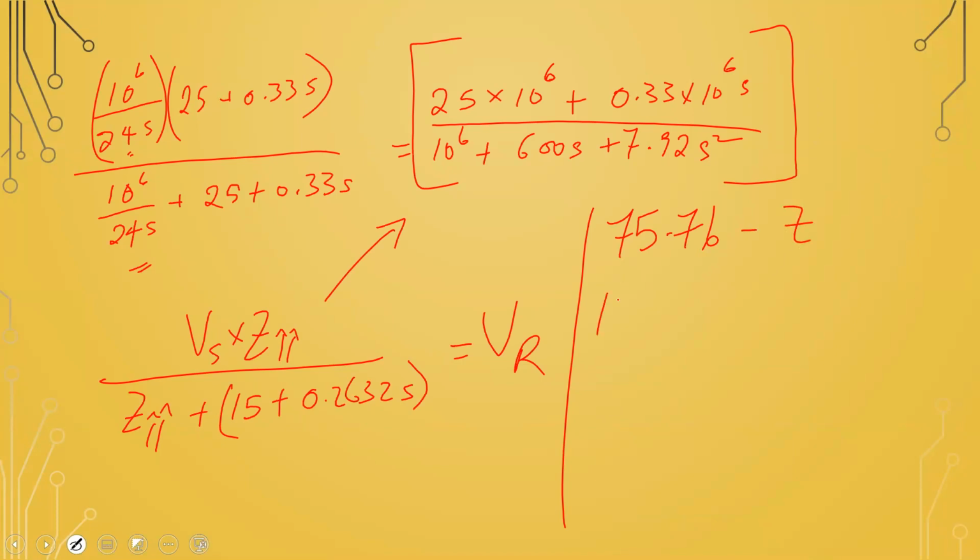And for the poles, it is minus 67.45, and if you want to call it P2 and 3, it's minus 32.65 plus minus j32.37.